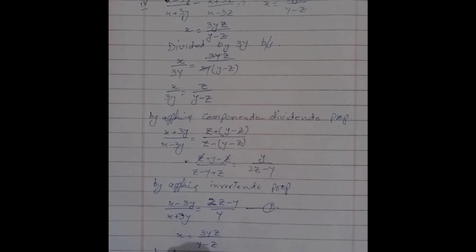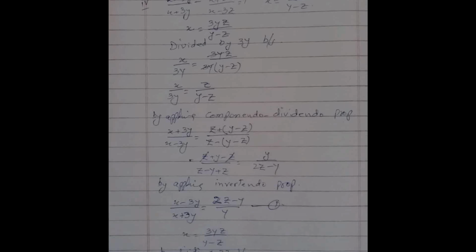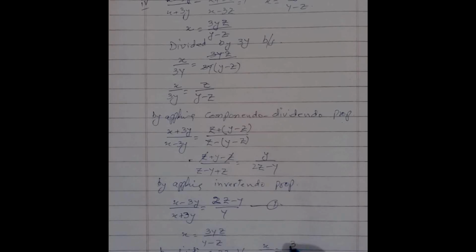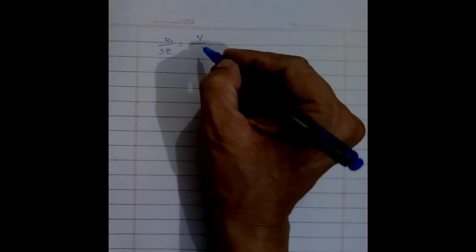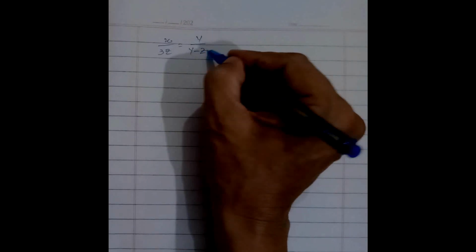By dividing 3z both sides, we get x over 3z is equal to 3yz over 3z into y minus z. X over 3z is equal to y over y minus z.